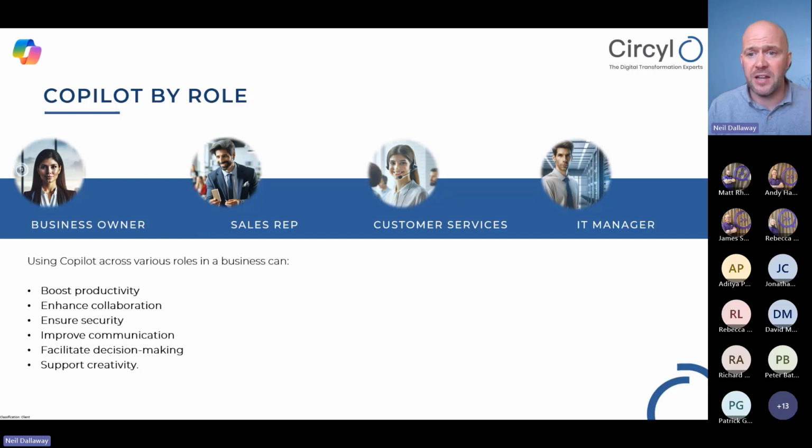It improves communication because you can summarize those emails and quickly understand what's going on. Facilitate decision making by extracting key points from a document. You can say, summarize the main points of this document, show me any risks in this document, and it will bring it all up. And then, as I said just in the previous deck, supporting creativity, because if you don't have that creative streak, Copilot can fill that gap.